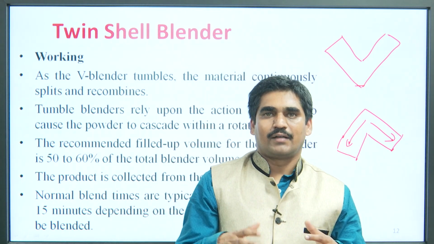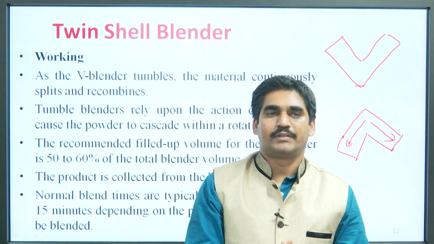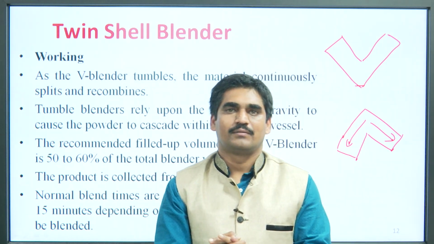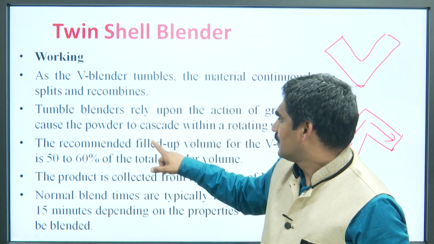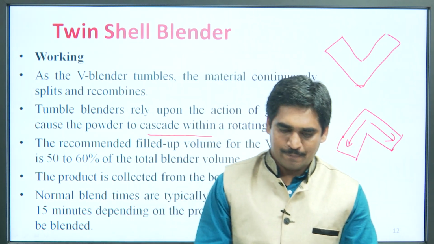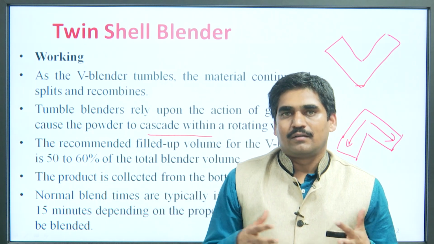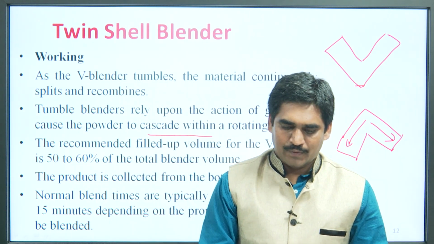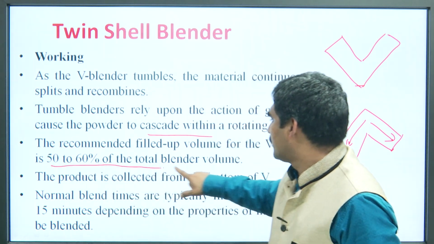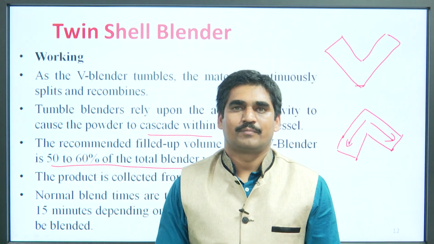The tumble blender relies upon the action of gravity to cause the powder to cascade within the rotating vessel. That means cascading takes place during the movement of the particles. The recommended fill volume for the V blender is around 50 to 60% of the total blender volume.